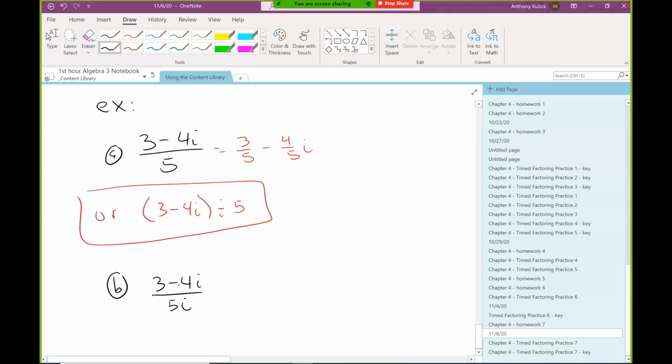But if we have this, where we have an i now in the denominator, well, if our denominator has no real part, if it's just the imaginary part like we have here, where it's just a 5i, there's nothing added or subtracted from it, what we're going to do is we're just going to multiply the top and bottom by i. Let's see why that's going to be of help to us here in a second. So the i distributes in the numerator.